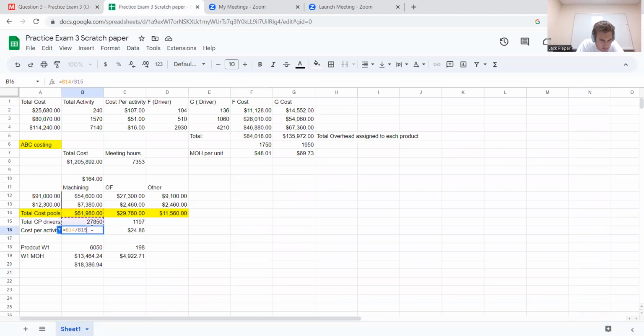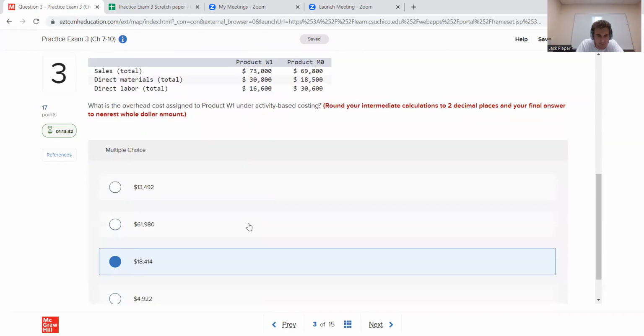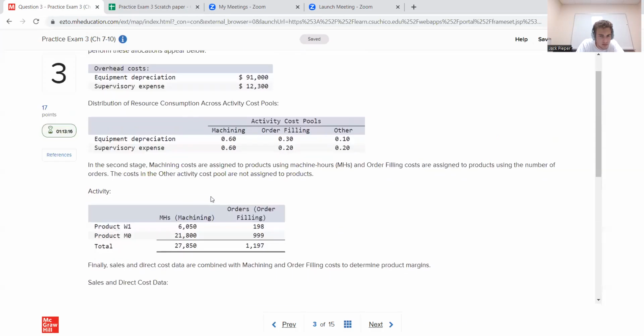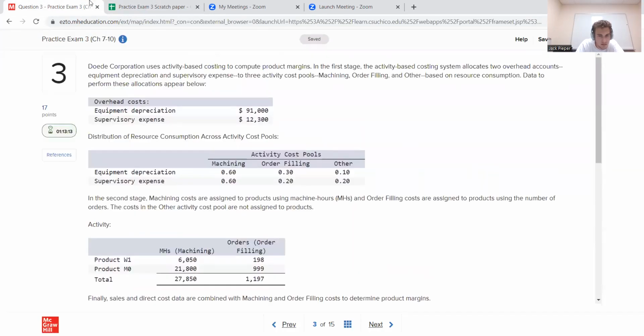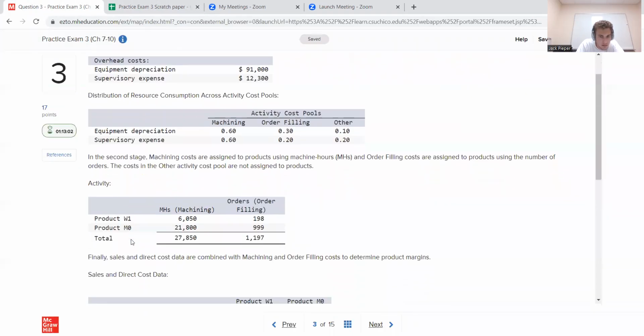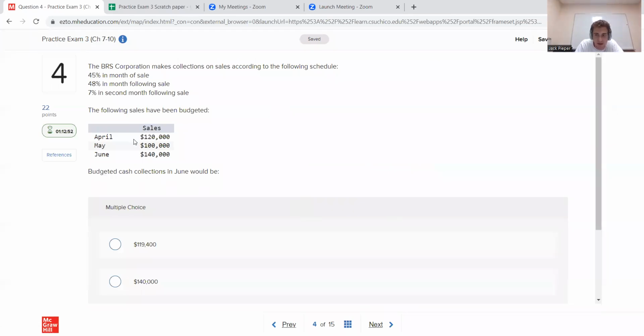The other is not assigned to products. Probably made a mistake somewhere through there, but there you go. That's how you do it.